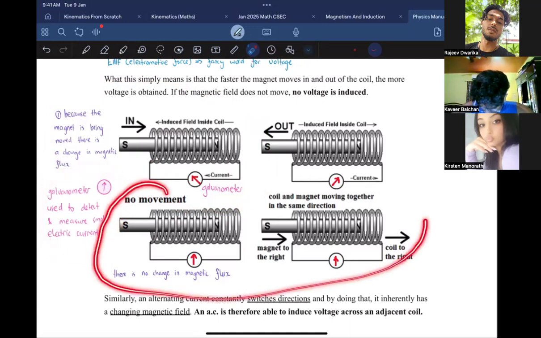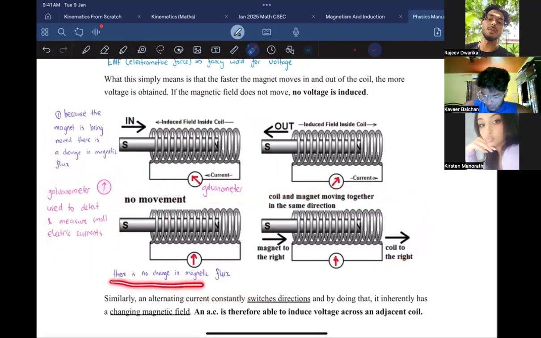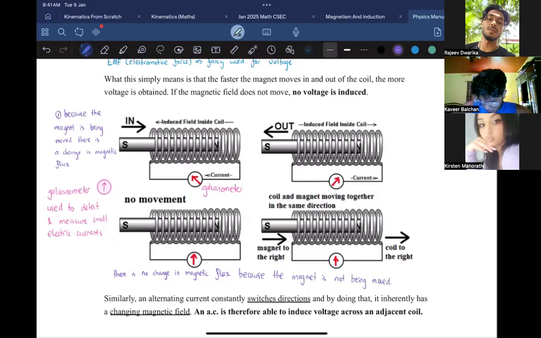And for the ones in the bottom here, say there's no change in magnetic flux because the magnet is not being moved. I want to see all those little notes.